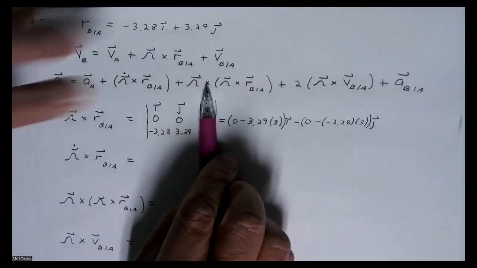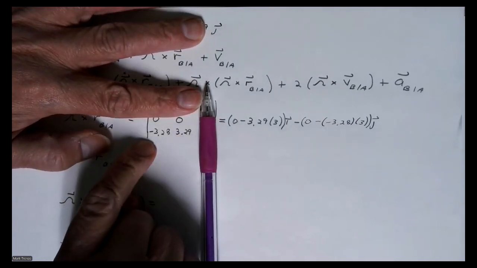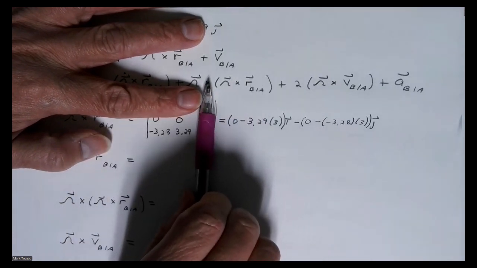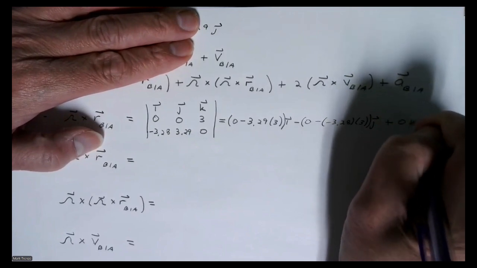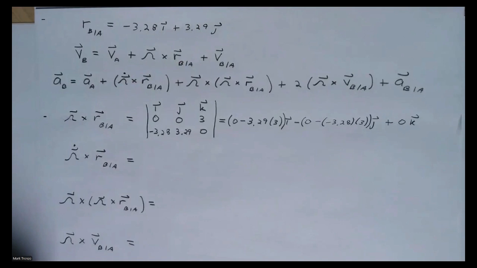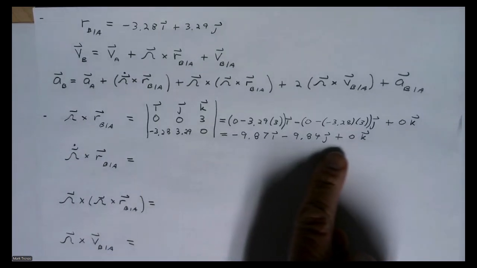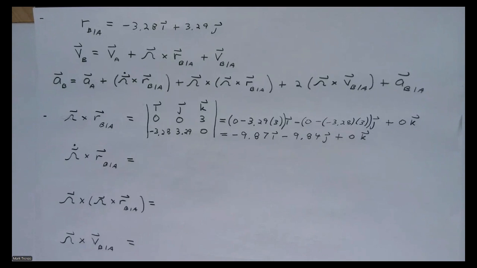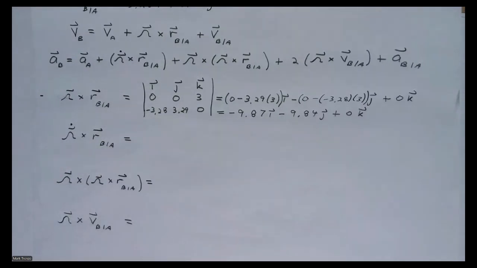And then finally, if we go over here, we end up with 0 times 3.29 minus 0 times negative 3.28. That's just all going to be 0. And when you put it into your calculator, you get this. I'll go ahead and do the others off screen and come back and show them to you so you can see what the calculations are, but I won't take time in the video to do that.